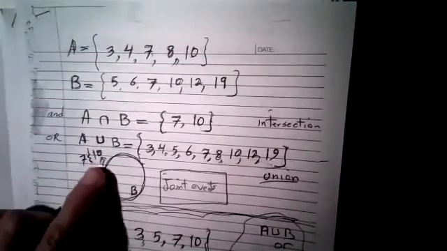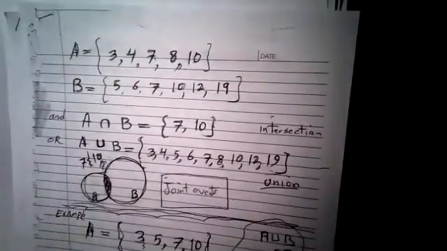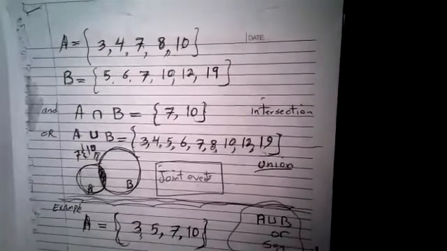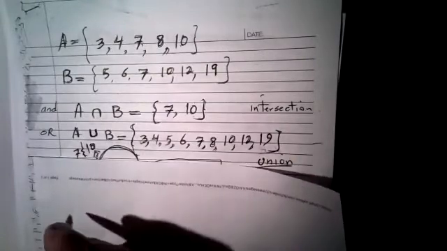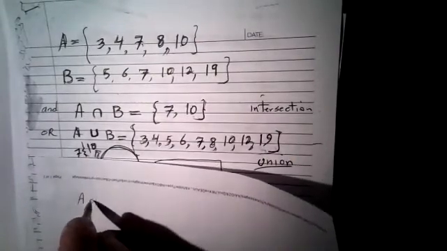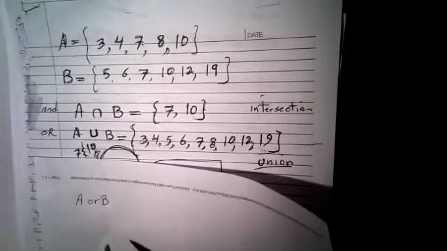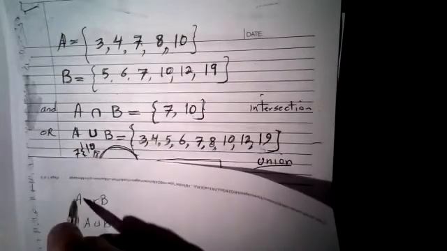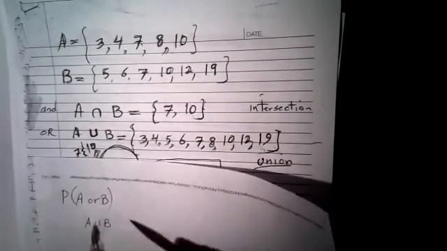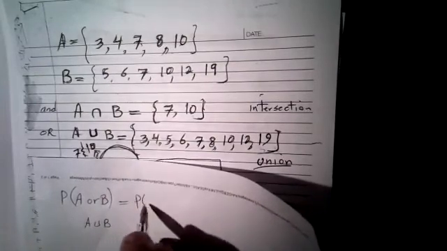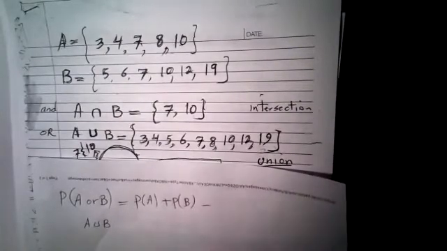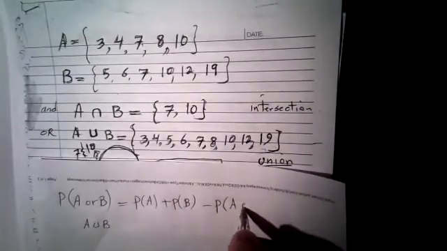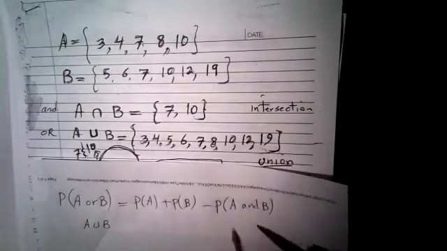So for the union, we use this formula. If you have A or B, or A union B, both are the same thing, okay? Probability of A or B is probability of A plus probability of B minus probability of A and B. A and B is the intersection.